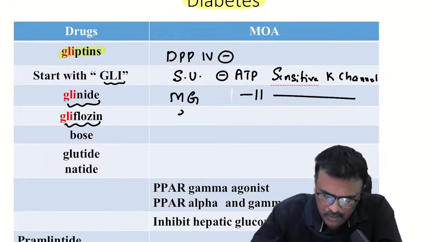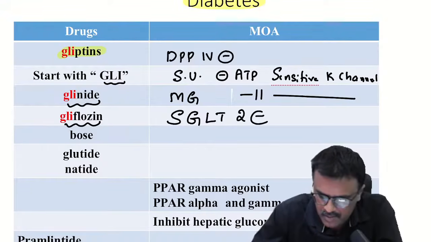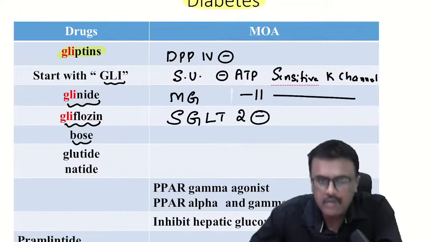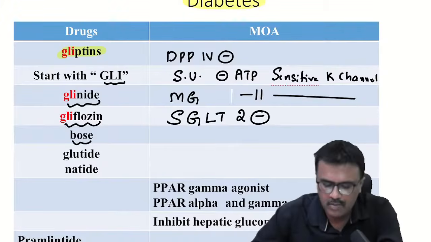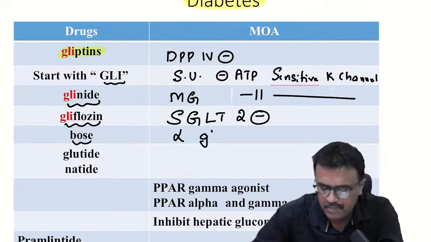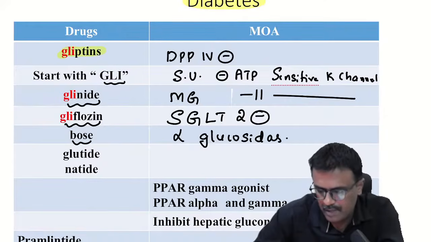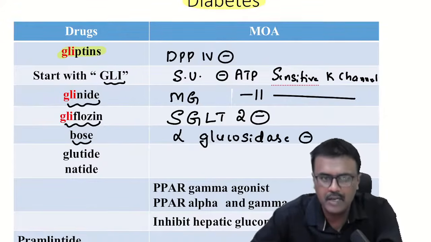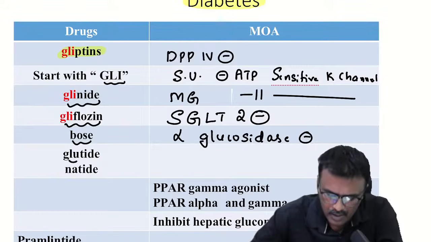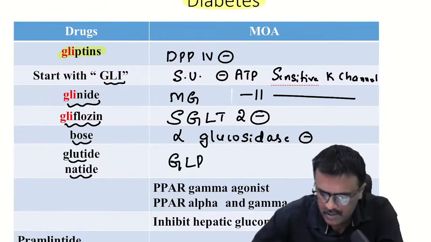Drugs ending with gliflozin, we know that they are SGLT2 inhibitors. Any drug ending with bose, voglibose, acarbose, they are alpha glucosidase inhibitors. We have another drug by the name miglitol. Any drug ending with glutide or natide, they are GLP-1 agonists.